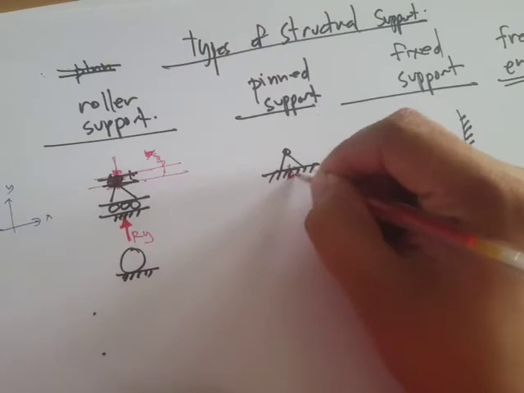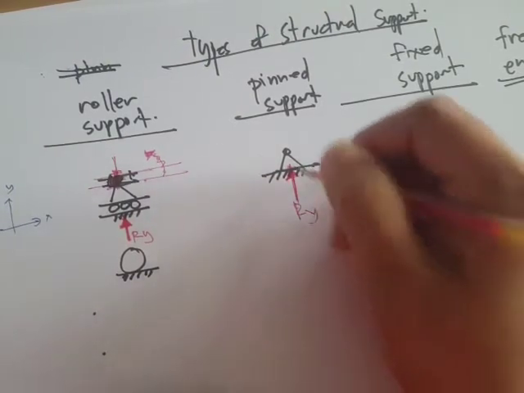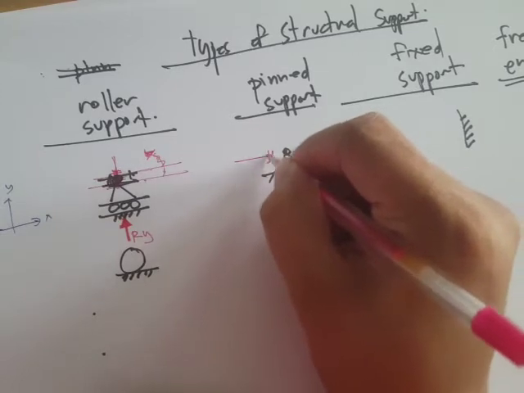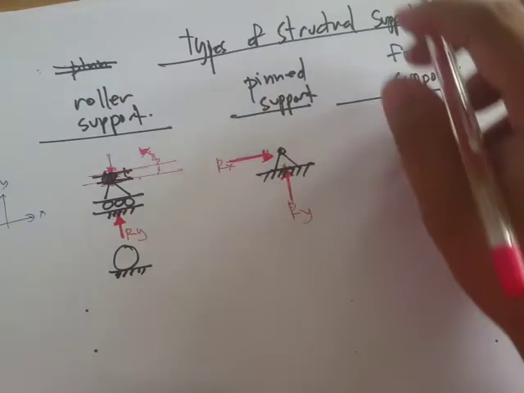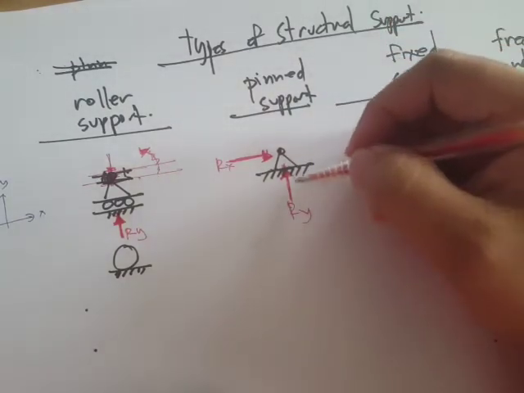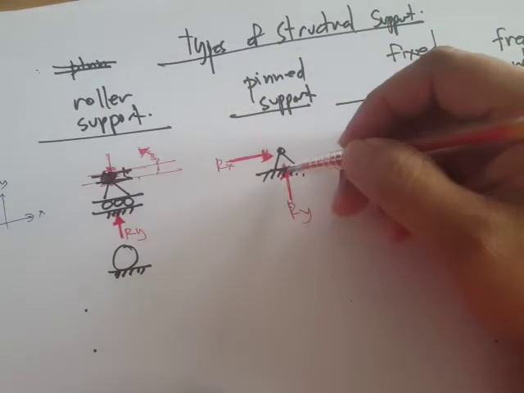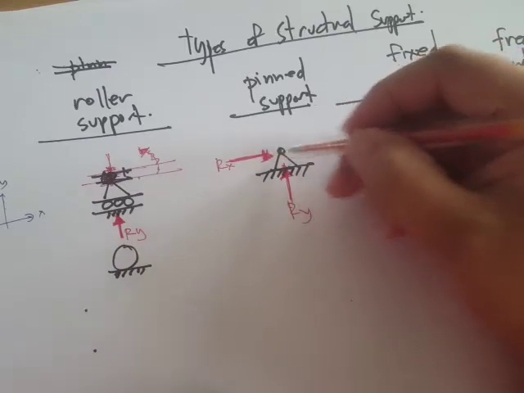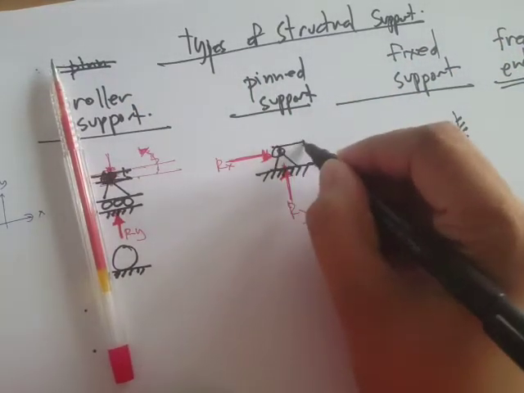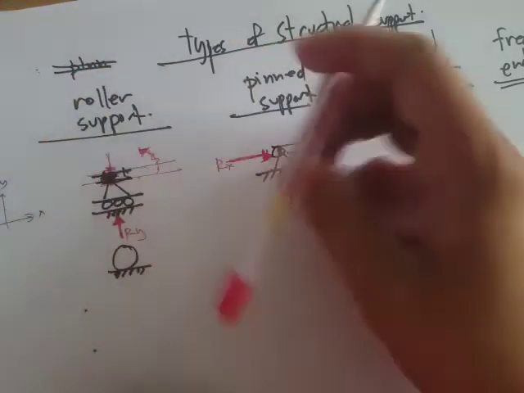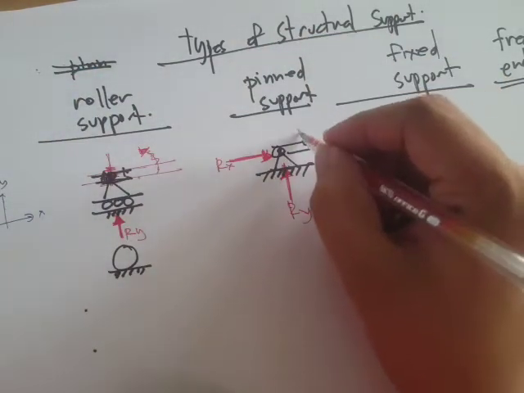Okay, so for a pin support, we have a support reaction along y, and we also have a support reaction along x. So it doesn't allow movement along y, it doesn't allow movement along x, but the rotation of a member is allowed. So this member is free to rotate.